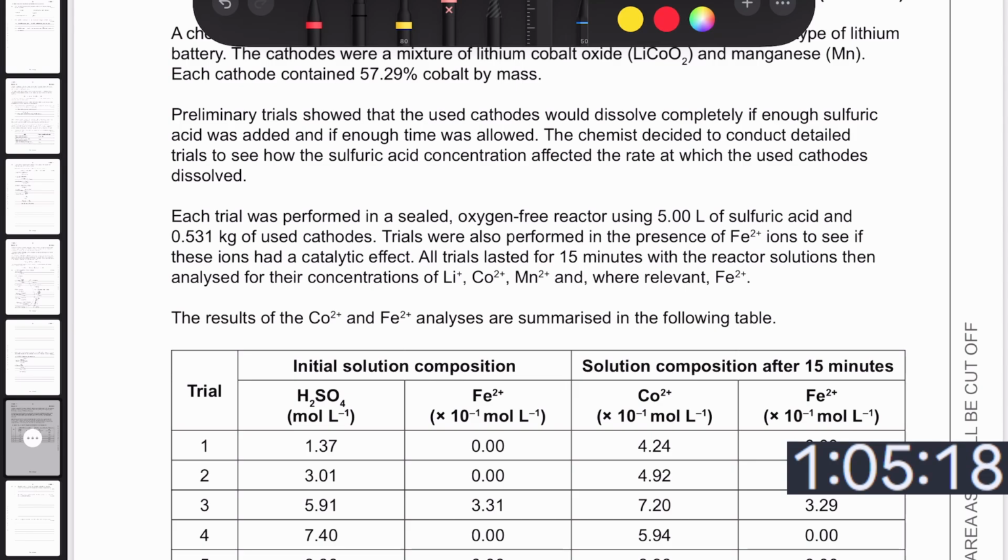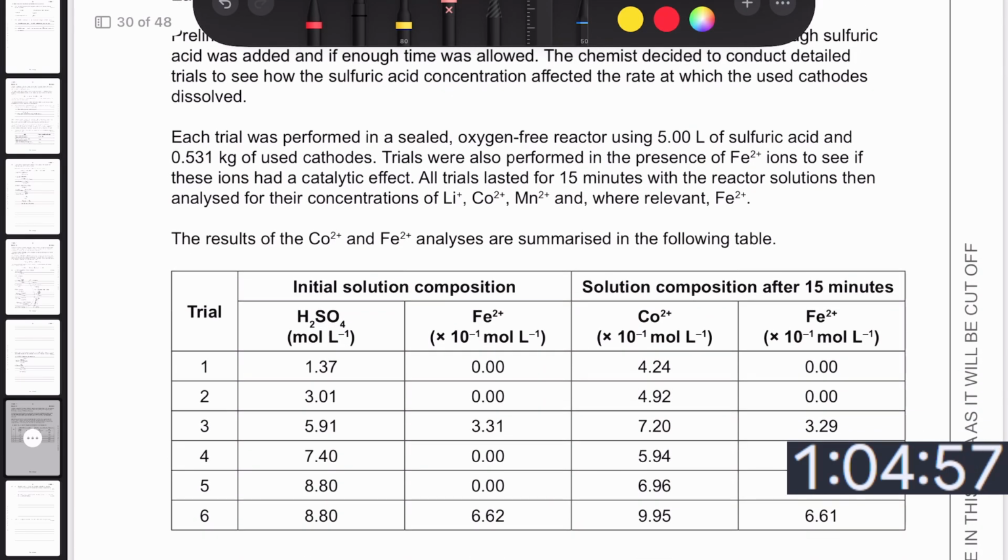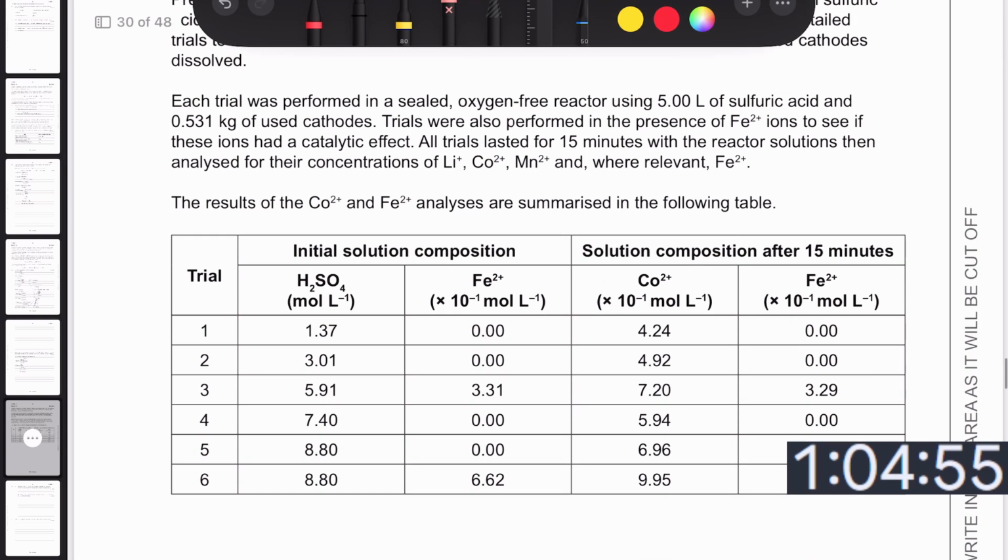Each trial was performed in a sealed oxygen-free reactor using 5 liters of sulfuric acid and 0.531 kilograms of each cathode. Trials were also performed in the presence of Fe2+ ions to see if these ions had a catalytic effect. All trials lasted for 15 minutes, with the reactor solutions then analyzed. The results of the Co analysis are shown below.